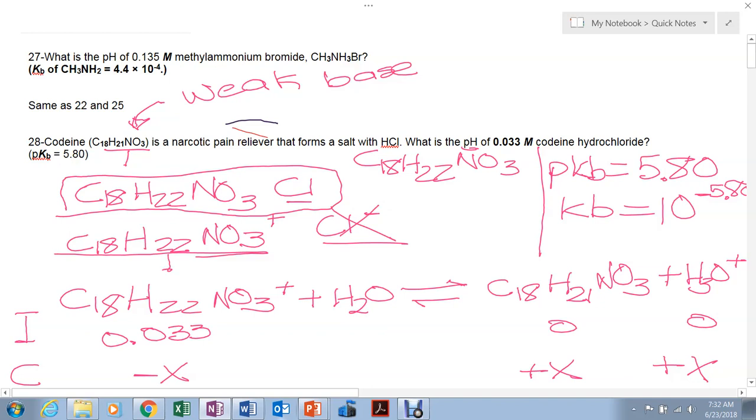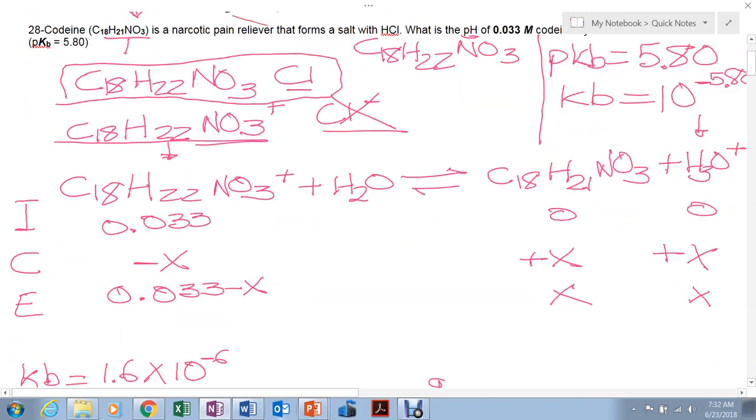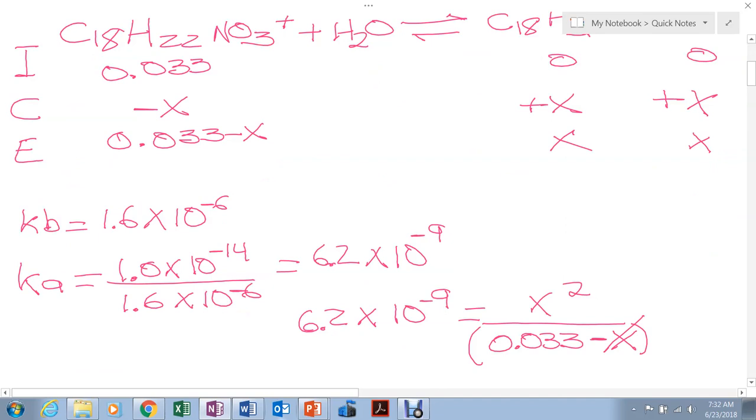But this is going to react with water, and the reaction would be this one, producing hydronium. And so they're asking for the pH. Where are we going to get it? Because the water also produces hydronium, but we're only going to use the one that comes from here, because that's what we've been doing when we have an acid.